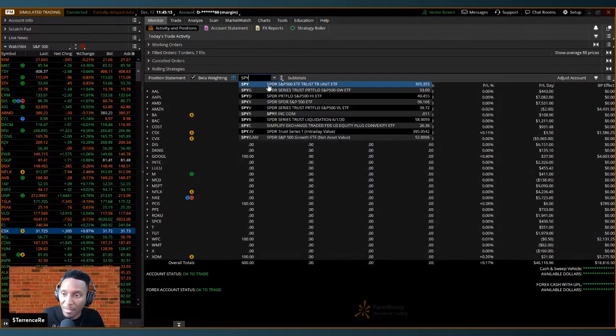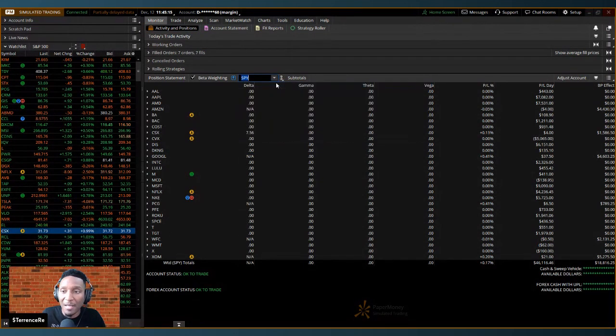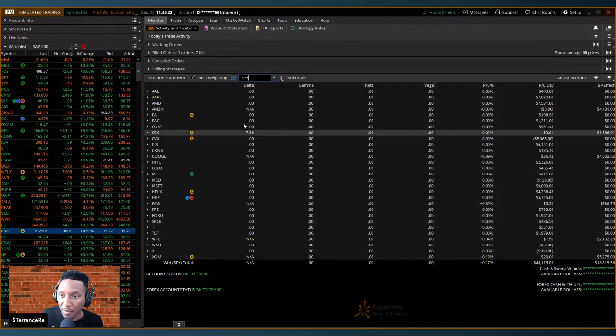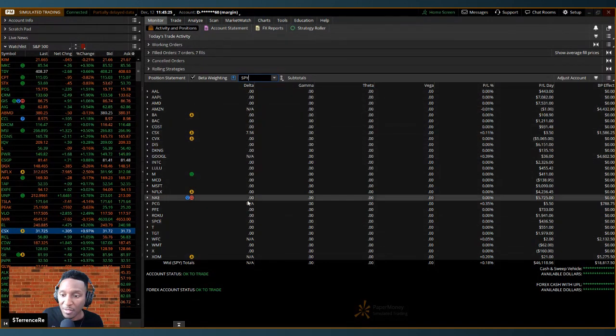So now I click beta weighted here, and I put SPY in, right? This is the ETF of the S&P 500. So I got that. Now, if you look at these deltas, you see they changed.